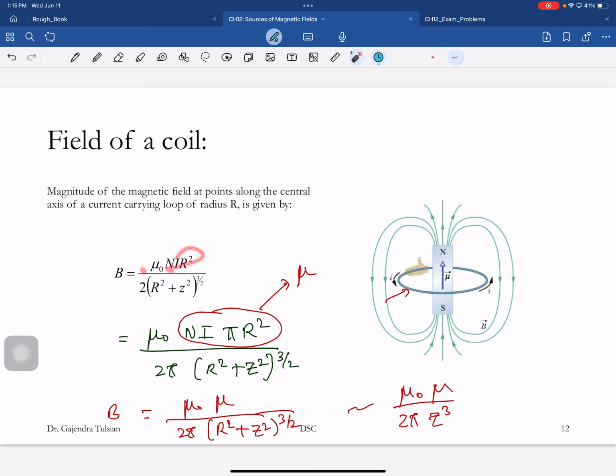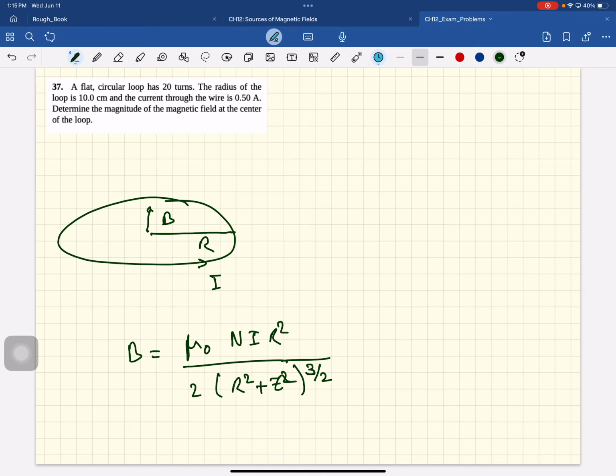Mu N I R squared over 2, okay, there you go. What is Z at the center? Z is 0, okay. And then this becomes R to the power 3, R squared cancels, so this is equal to mu naught N I over 2R. Okay.